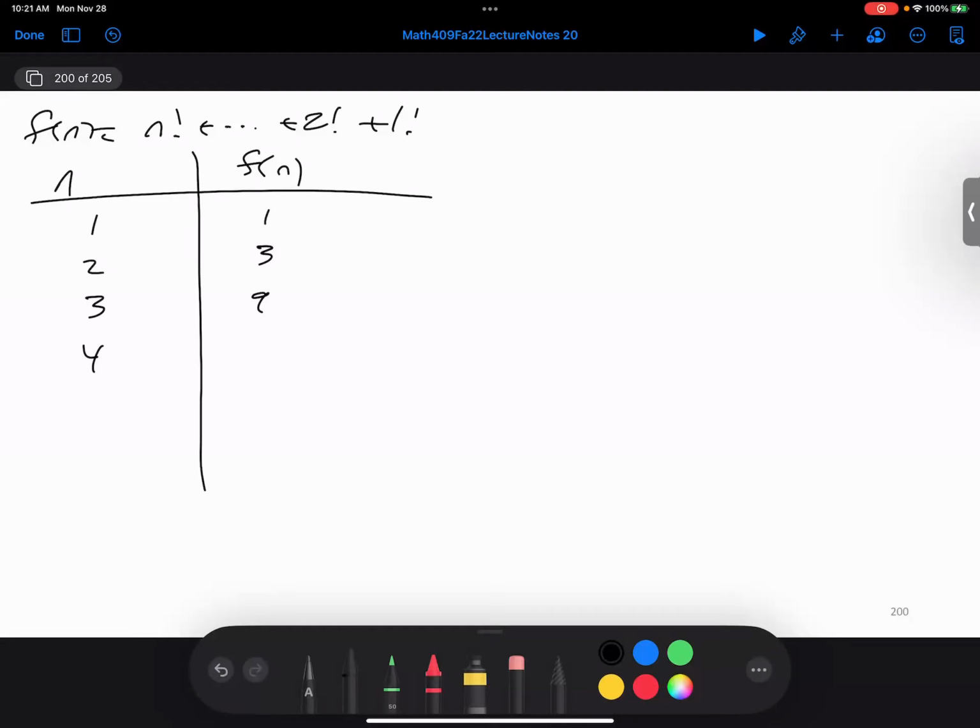When it's 5, we add 120, so we get 153. When it's 6, we add 720, so 873. And when we have 7, we have something that's logical.